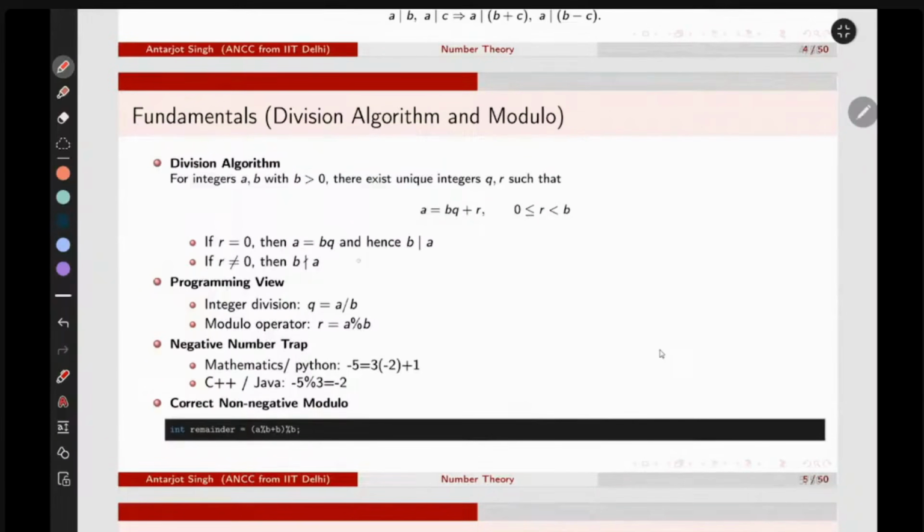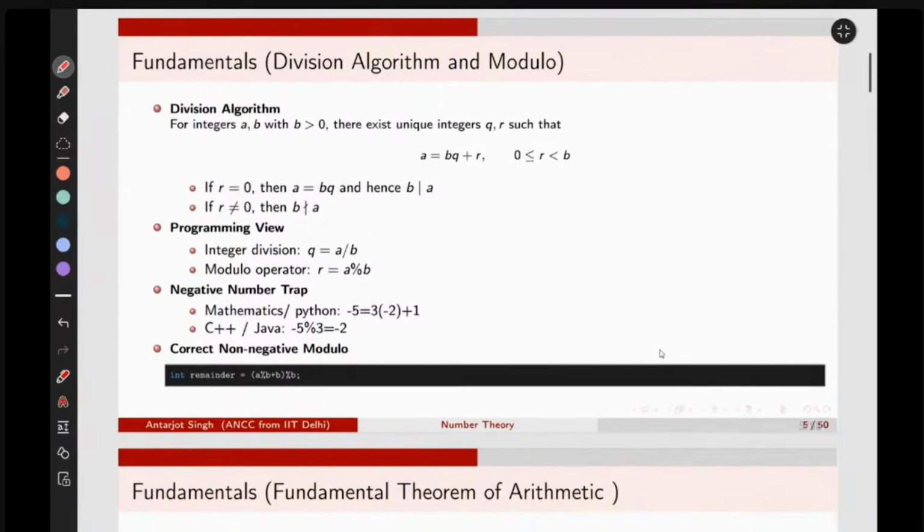When the remainder is 0, we know that B divides A. If the remainder is not 0, then B does not divide A. In programming, we have integer division and the modulo operator. In maths, a negative number mod 3 is positive, like 1, but in C++ and Java it gives -2. To fix this, just add B and then again take the remainder to get the correct output.